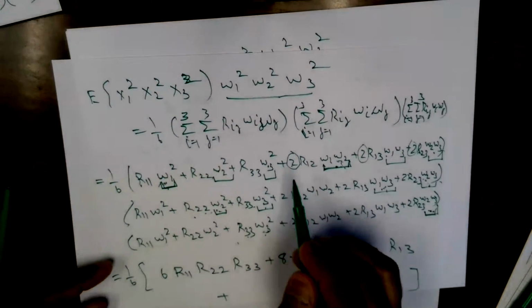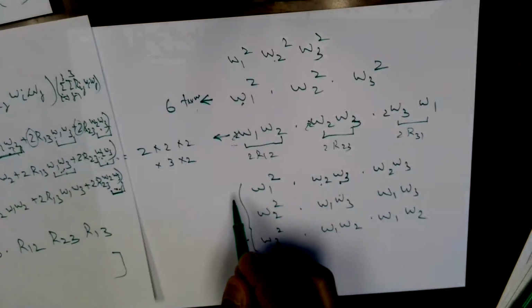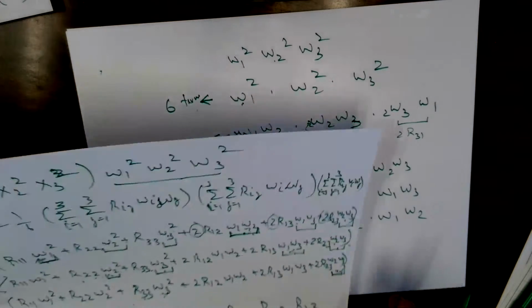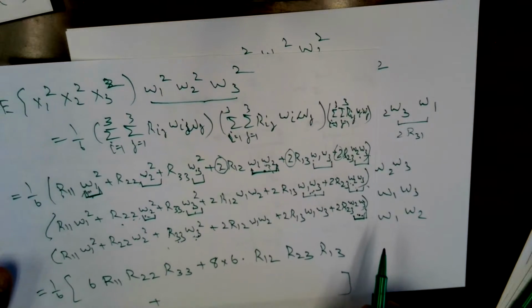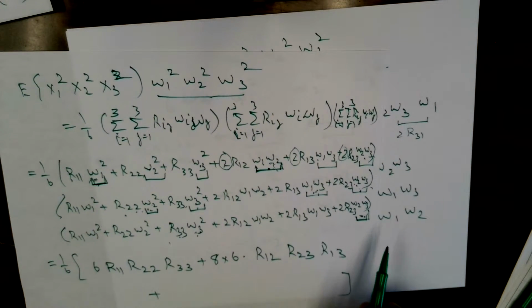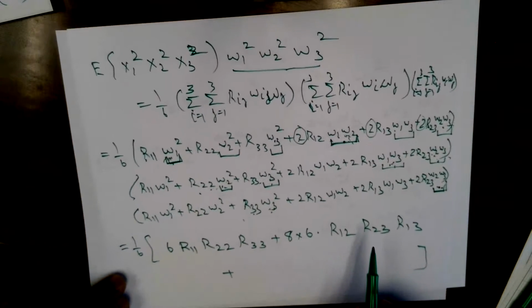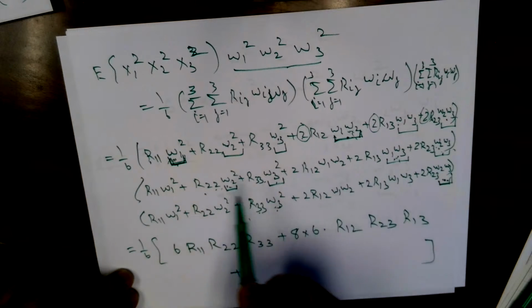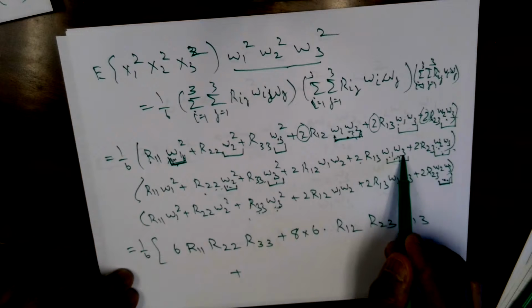But first of all, notice that for each such term, there is a 2 here, there is an omega 1 squared, and when you come to the omega 1, 3, there's a 2 here, there's a 2 here.